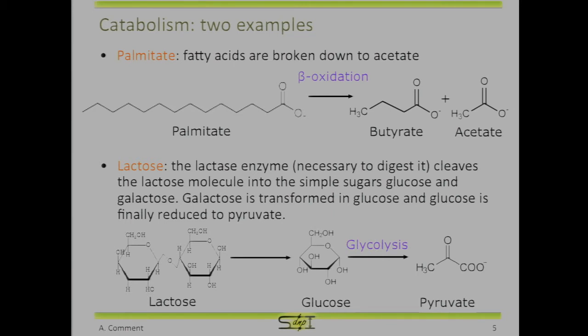Let's say that you're going to create smaller pieces to use as energy. Likewise, the lactose, using the lactase enzyme, will be cleaved into simple sugars like glucose and galactose, which is eventually transformed into glucose. And this glucose molecule will then be transformed into pyruvates through a process called glycolysis. Again, this produces energy, but you end up with pyruvates.